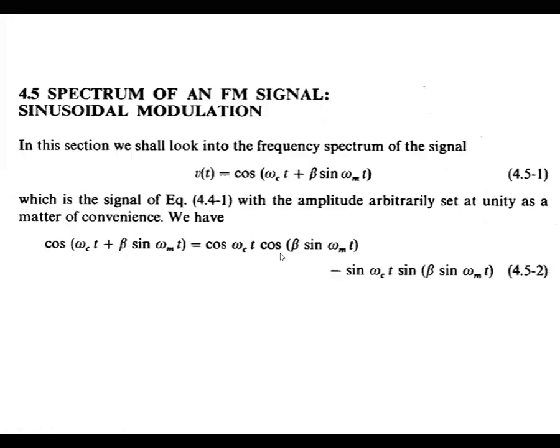So in this equation, you have cos ω_c t and cos(β sin ω_m t), and minus sin ω_c t sin(β sin ω_m t).